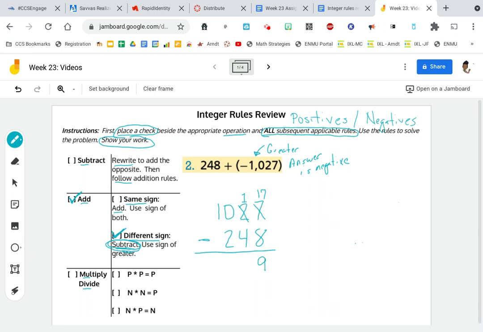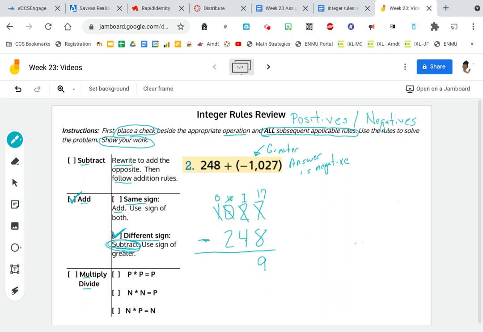Then I try to go 1 minus 4. I cannot do that. I'm going to go to my neighbor to borrow, but nobody's home. So I'm going to keep walking, and this 1 becomes a 0, and this 0 becomes a 10. Then I'm going to start the whole process over again. I go 1 minus 4, which I still can't do, so I'm going to come over here and borrow.